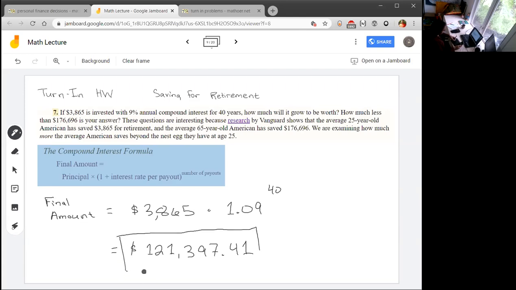I didn't make any calculator button mistakes. I got this.